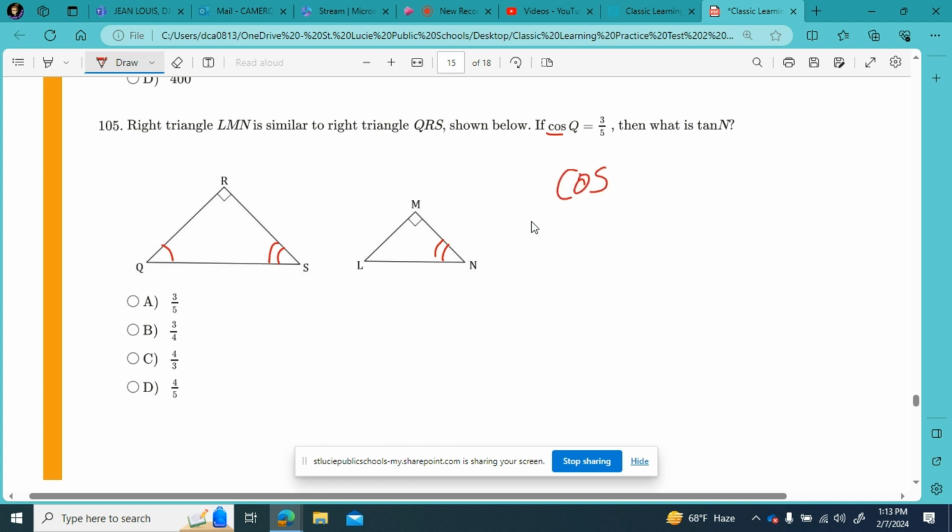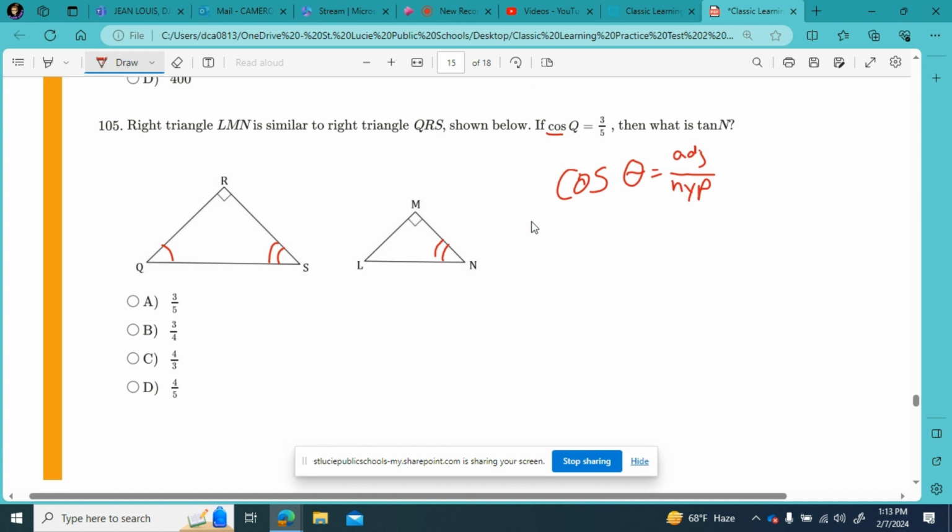Actually, this is on your reference sheet: the cosine of an angle in a right triangle is adjacent over hypotenuse. Even though it's on the reference sheet, I always have it memorized, the SOHCAHTOA: CAH, cosine adjacent over hypotenuse.